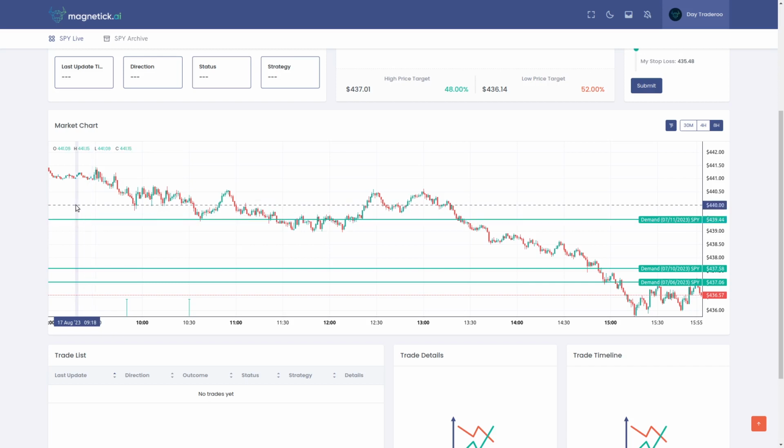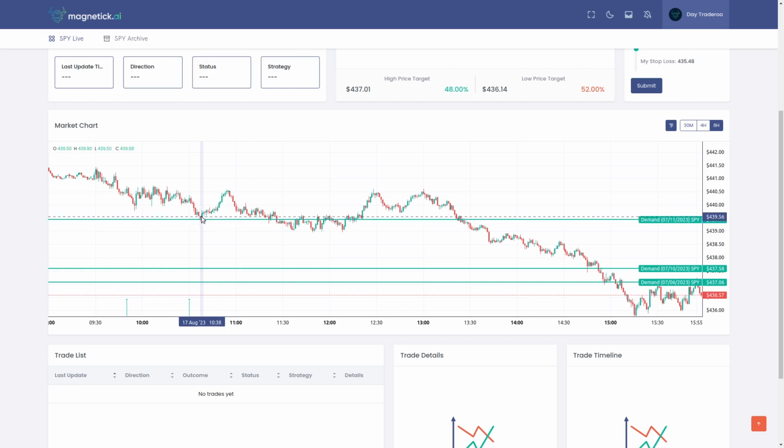So what you're looking for with demand levels is bounce. As you can see today, we had a perfect bounce at one of the first demand levels that we have. So SPY price came down to our demand level and we saw a bounce candle after the price hit our demand level.